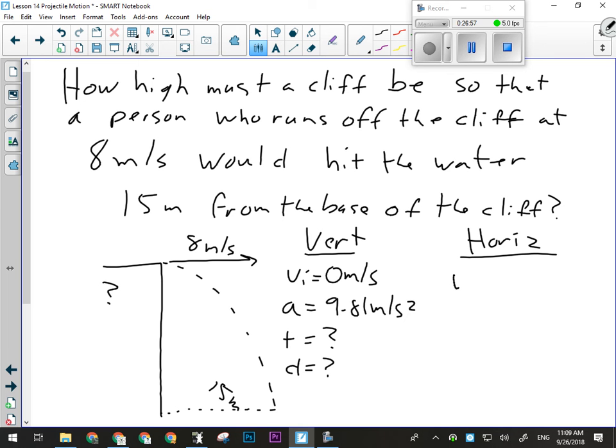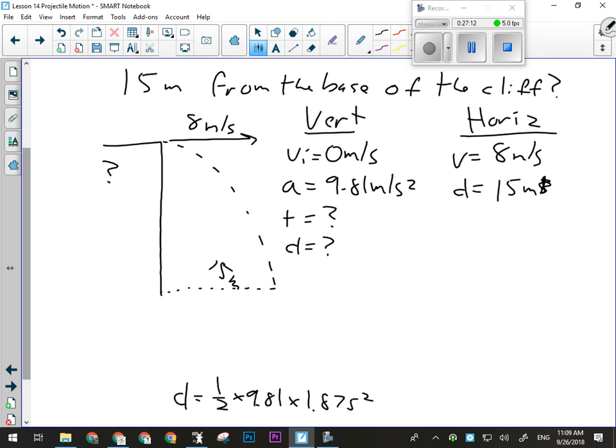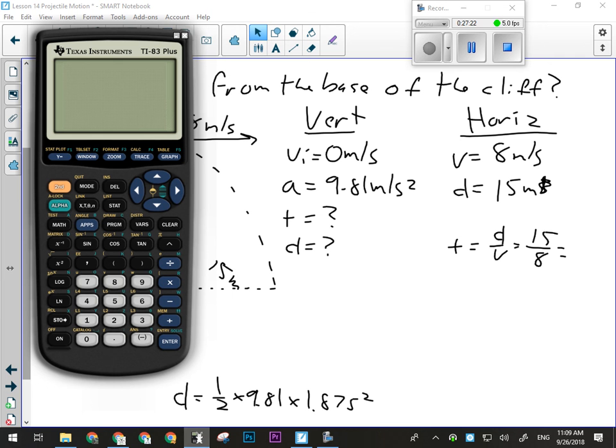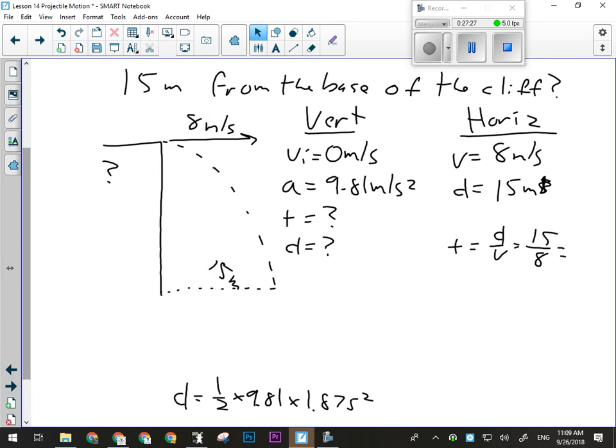Horizontally, though, I have the velocity. It's 8 meters per second horizontally, and I have the distance it travels, which is 15 meters. From that, what can I find? Time. I just use v equals d over t, so time equals d over v. So 15 over 8. It's going to give us like 1.8 or something like that. 1.875 seconds.